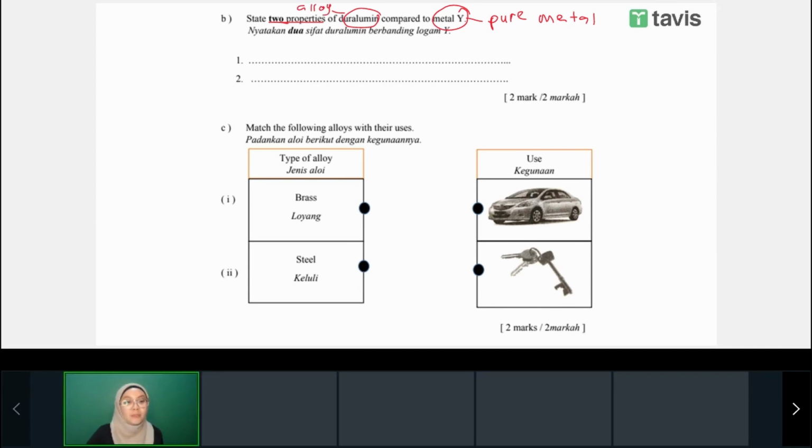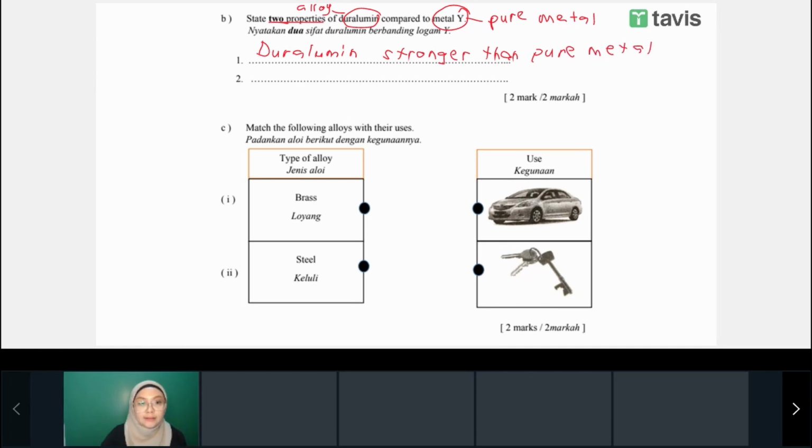So what is the property of an alloy compared to a pure metal? Okay, property of an alloy, or duralumin, you can write duralumin. You know that duralumin is stronger than pure metal. Duralumin, stronger than pure metal.